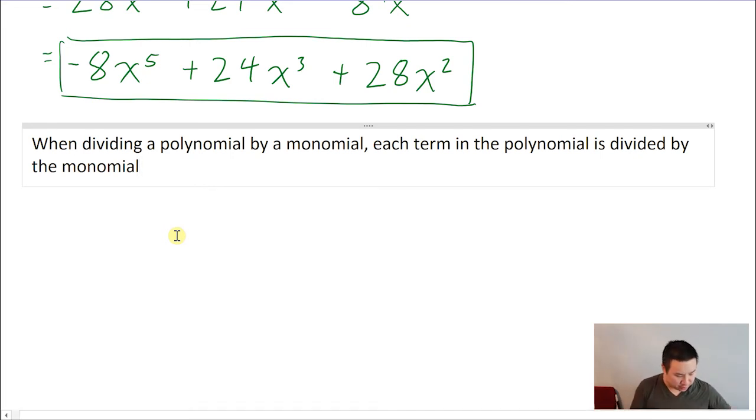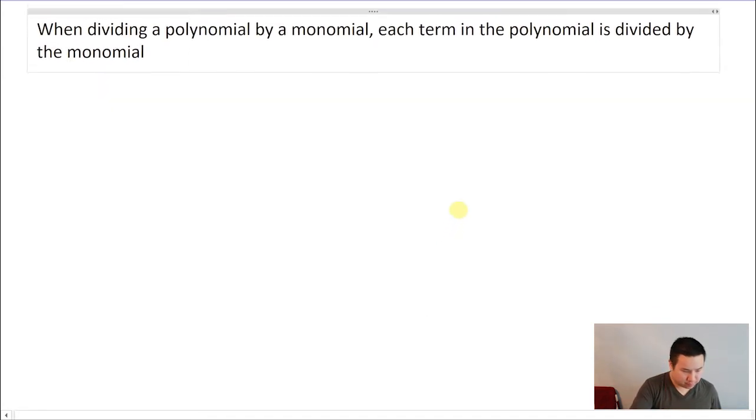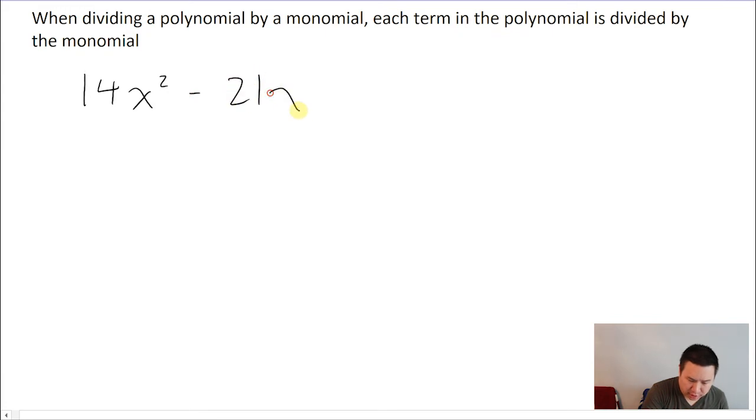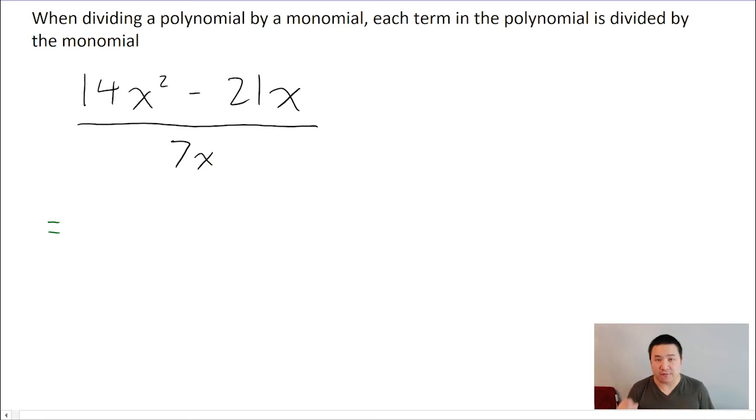Let's see what this looks like. We had 14x squared minus 21x, and we wanted to divide the whole thing, so I'm going to indicate that by drawing a line under it. We want to divide the whole thing by 7x. What we would do is take each term and divide each term by 7x.